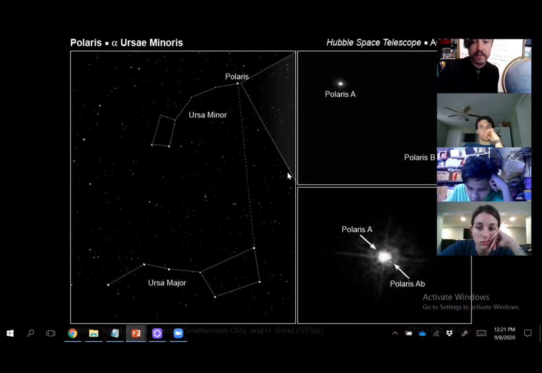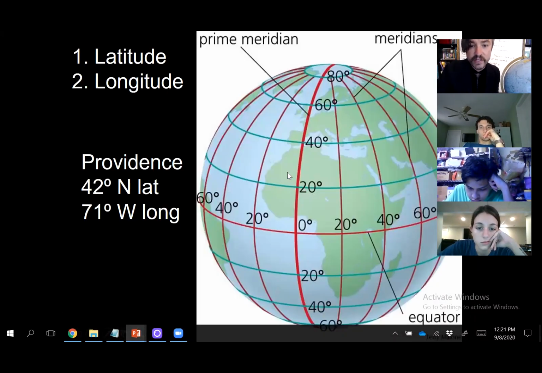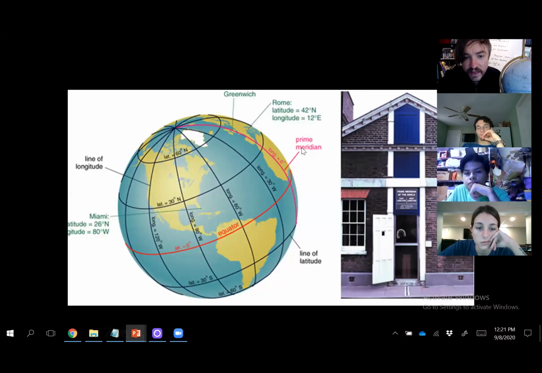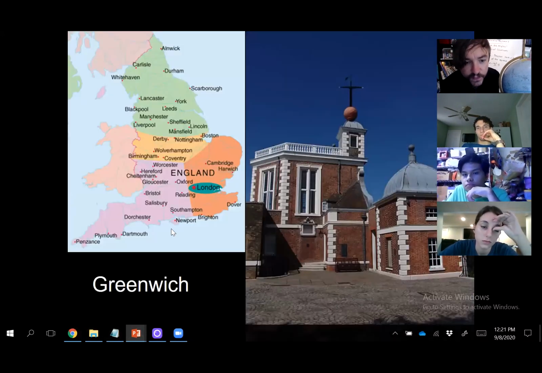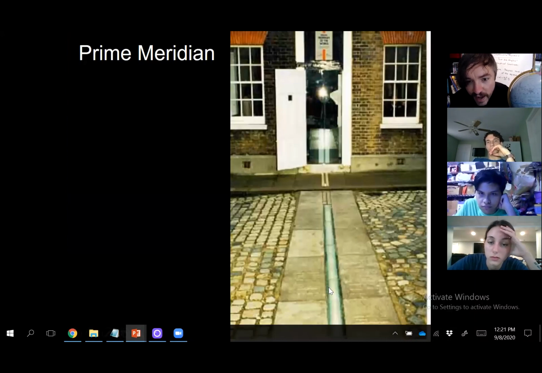I want to go back a little bit. They decided to make the 0th line of longitude a line that ran through the front door of the Royal Greenwich Observatory, which is just outside of London, and the so-called prime meridian runs right through the front door.